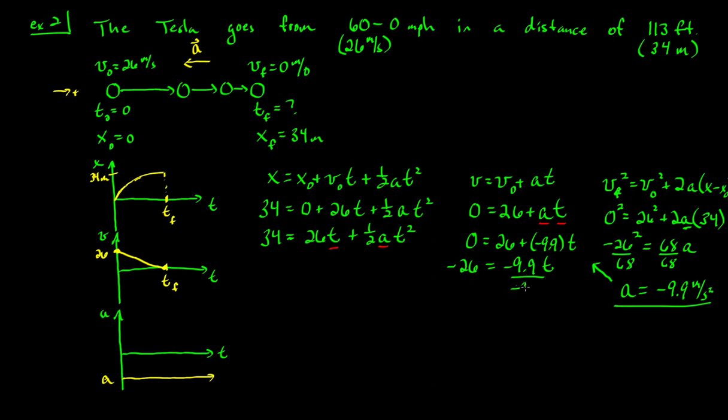Then we divide by negative 9.9. So the time is equal to 26 divided by 9.9, which is 2.62 seconds.